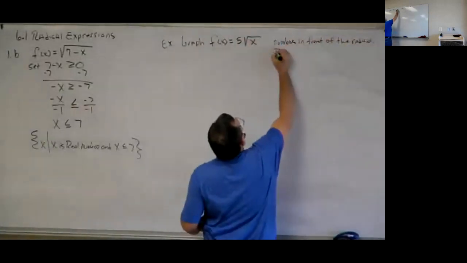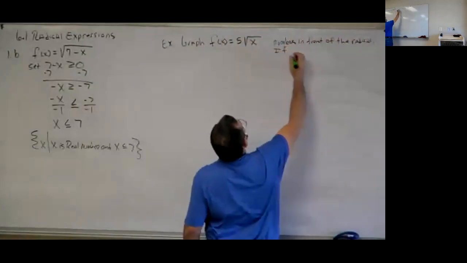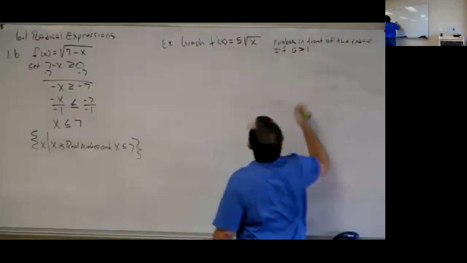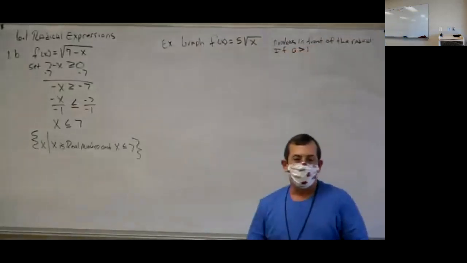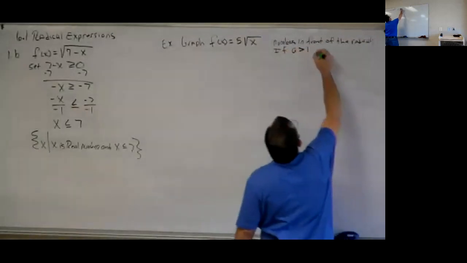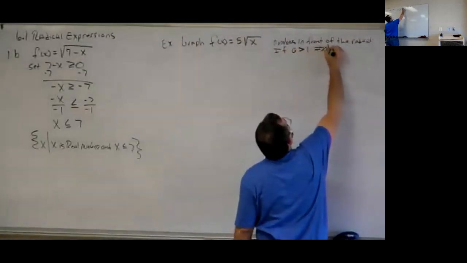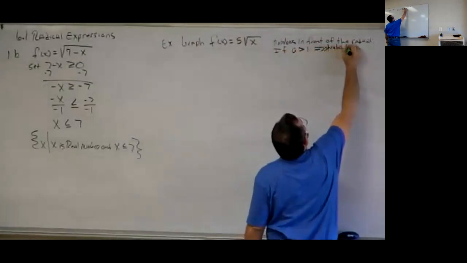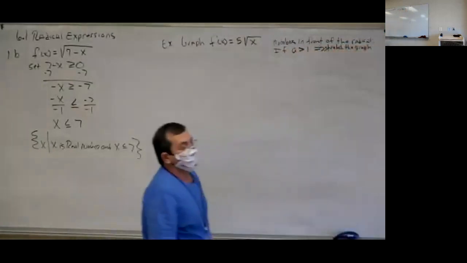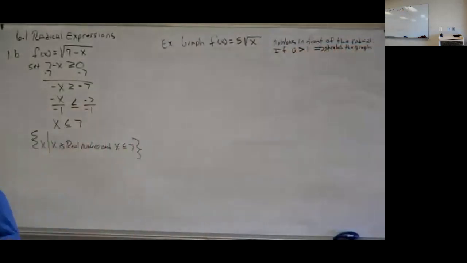If this number, I'll call A, is greater than 1, then it's going to stretch the graph. So what that means is it's multiplying all the answers by 5. So if your answer was 1, multiply by 5, it stretches from 1 up to a 5.